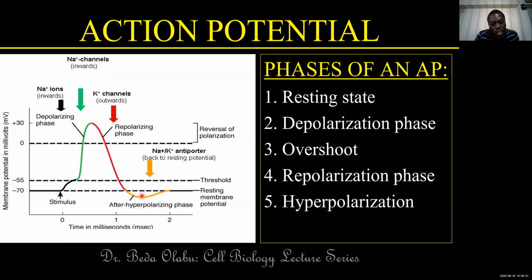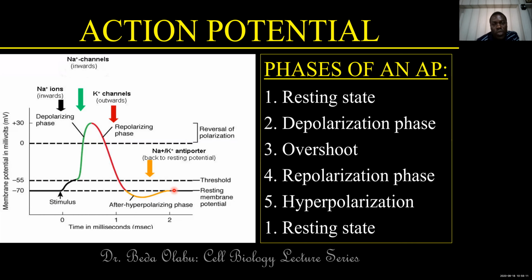Of course, if the membrane polarity reaches -80, the voltage-gated potassium channels will close, and that means that the factors that explain the resting membrane potential will come to be, and so the resting membrane potential will be restored.